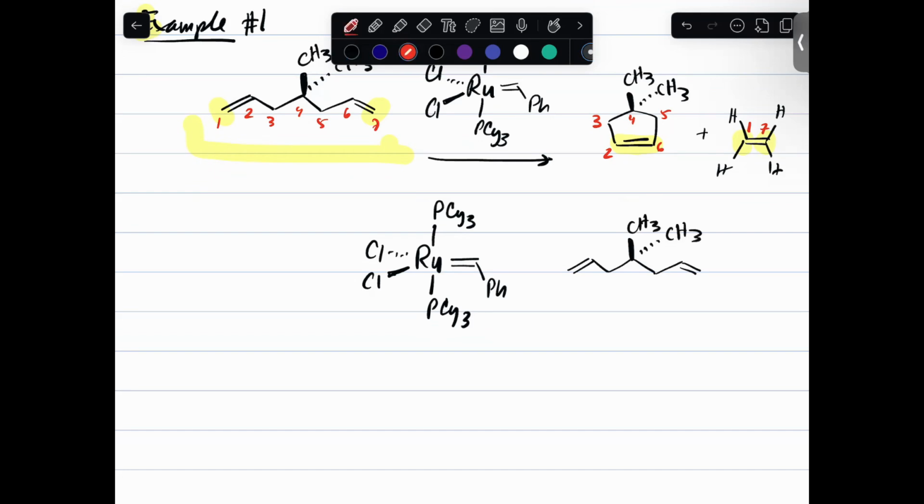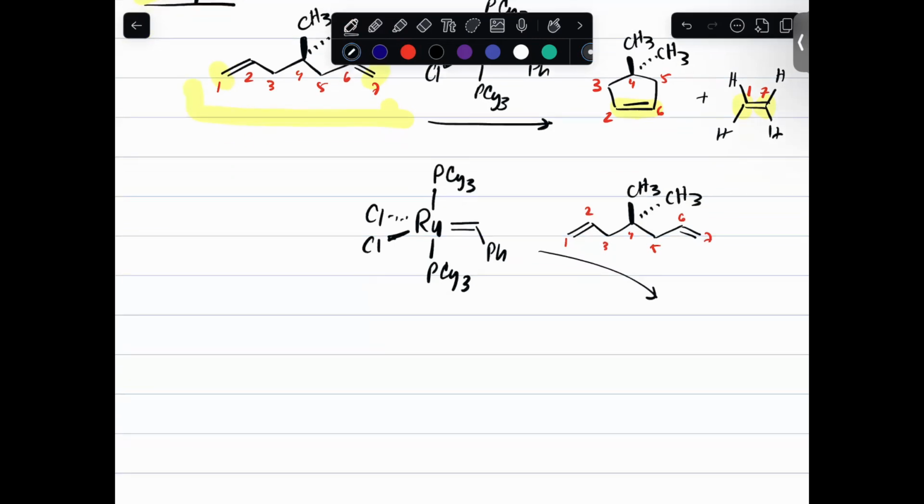Continue to number it. Step number one is known as ligand association, which is just one of the double bonds complexing to the ruthenium.